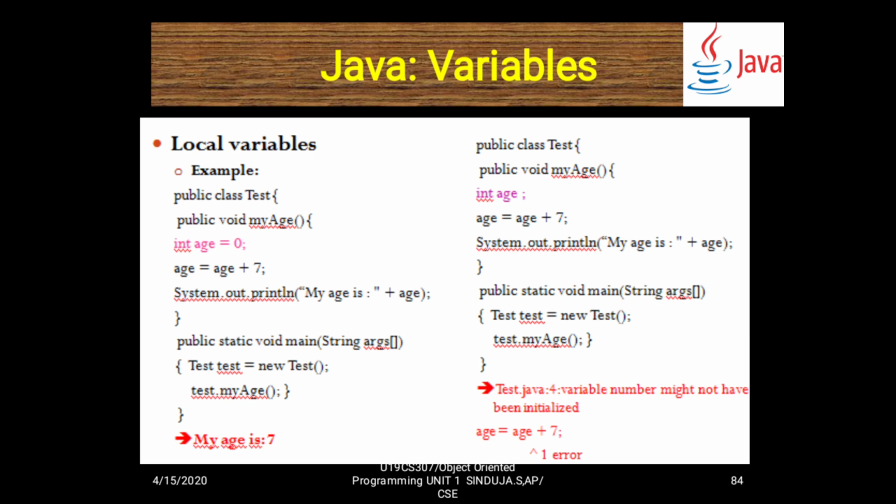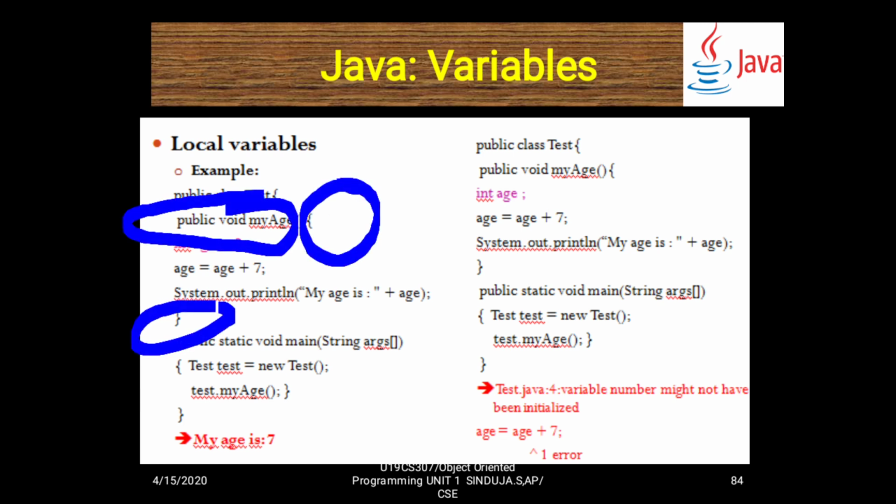So how do I say this particular age variable is a local variable, ma'am? It tells the reason out. It tells where this particular variable has been located. So think this is one flower bracket and this is another flower bracket. What this flower bracket tells is the start of my method, my age.